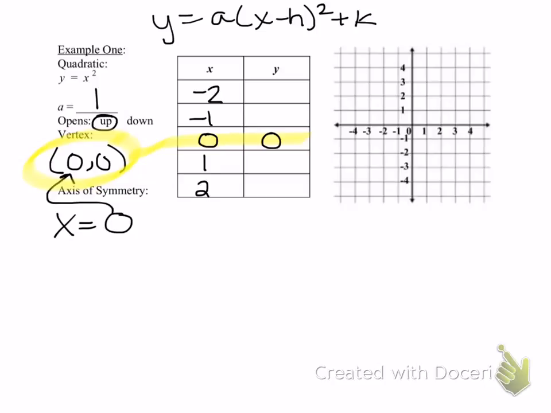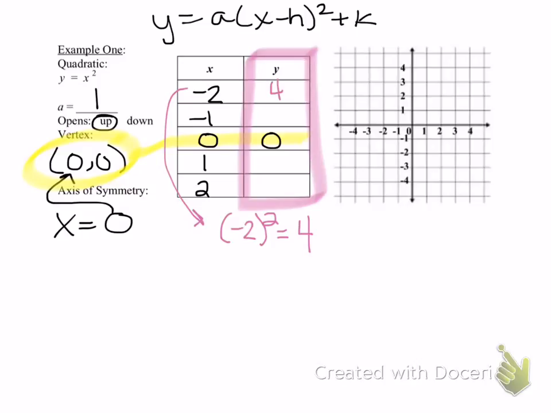Now let's go ahead and find what these values will be. This is what we've got to find next. And how we do that is just by plugging it in. So we're going to take this first negative 2 and plug it into our equation. So that's negative 2 squared. Well, negative 2 squared is 4. So we're putting a 4 here.